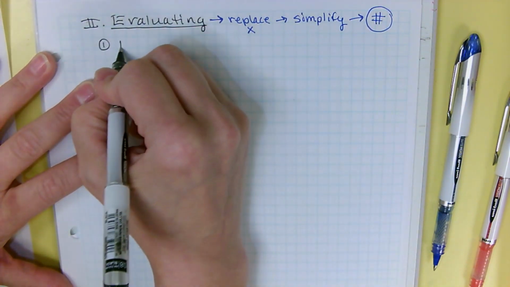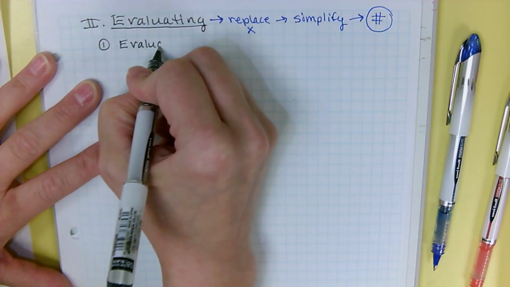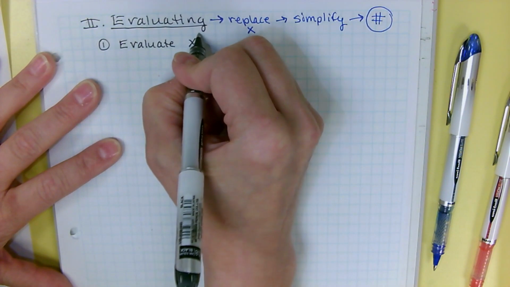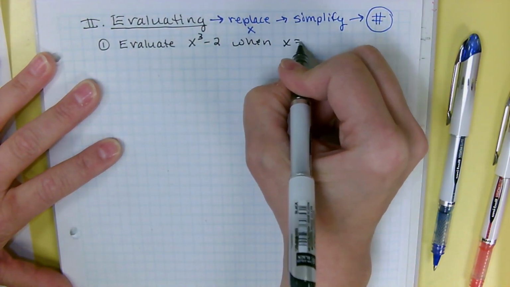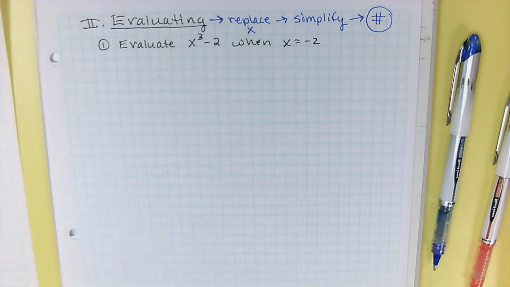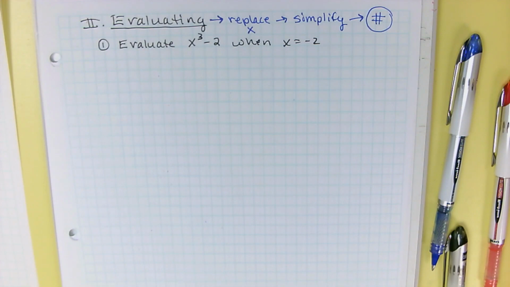All right, we are going to evaluate x cubed minus 2 when x equals negative 2. Sometimes they'll say when, sometimes they'll say if, sometimes they'll just do x cubed minus 2 and a semicolon and then x equals negative 2.